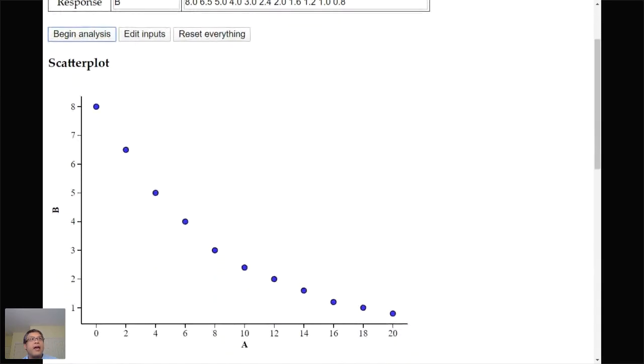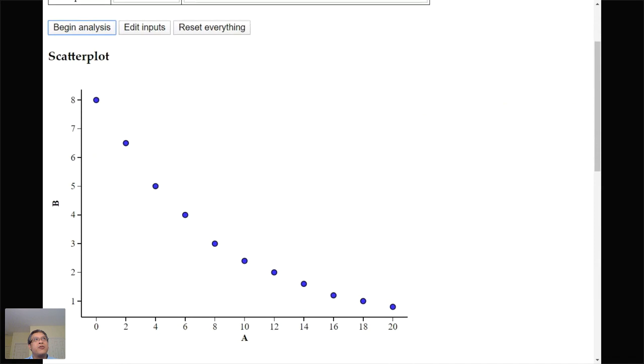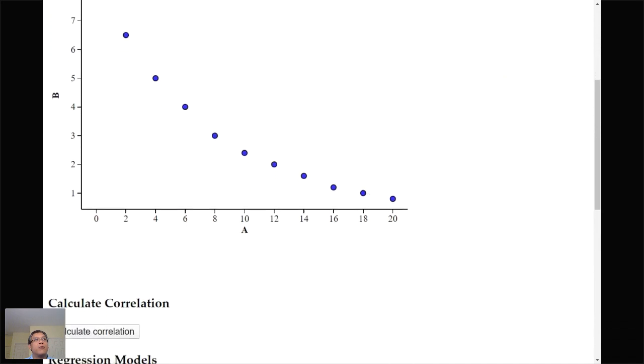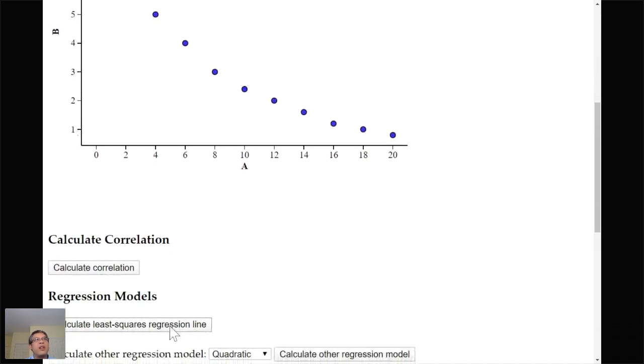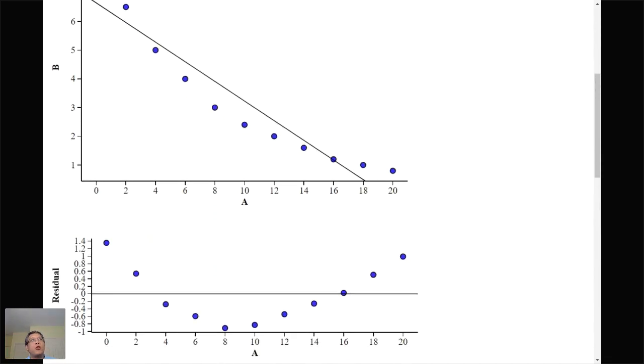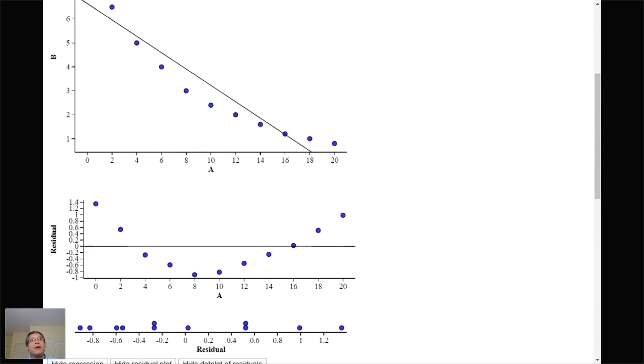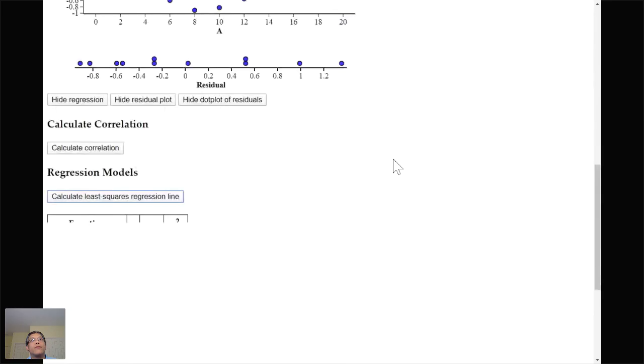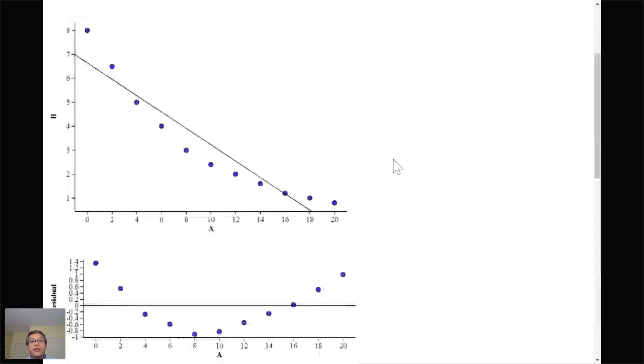And when we try to do a linear regression, we see that the residual plot shows a bend. There we go, now it's working. We can see that there's a big bend in that residual plot.